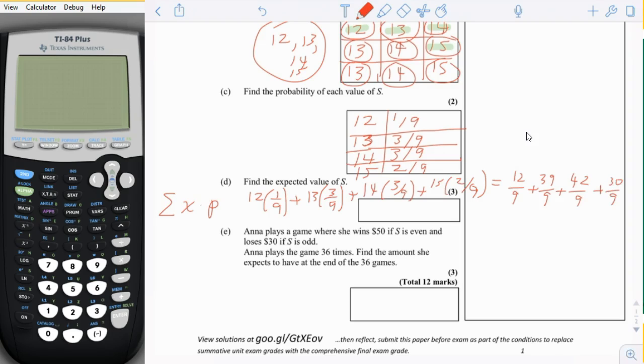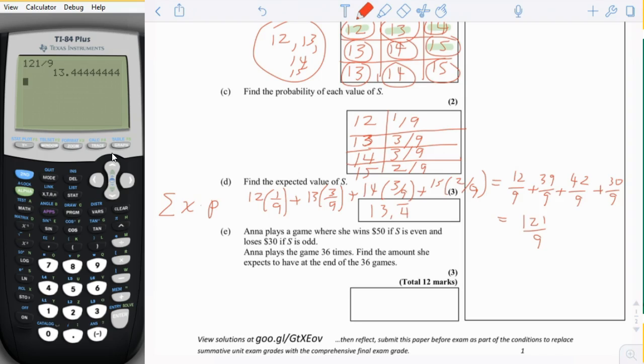And if we add all those up, 12 plus 39 plus 42 plus 30, 84 plus 40 is 120. So 121 divided by 9. Okay? So the expected value of S is 121 divided by 9, which is 13.444.